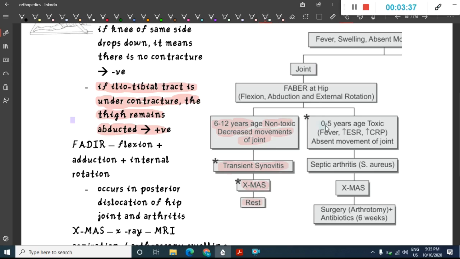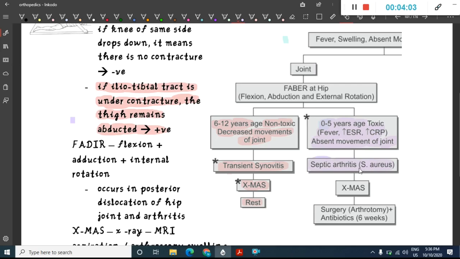Then in a similar patient where the age of the child is 0 to 5 years and he is toxic with fever, raised ESR and CRP, and there is no limb movement at all. See, in transient synovitis there is decreased limb movement, whereas in septic arthritis there is no limb movement.